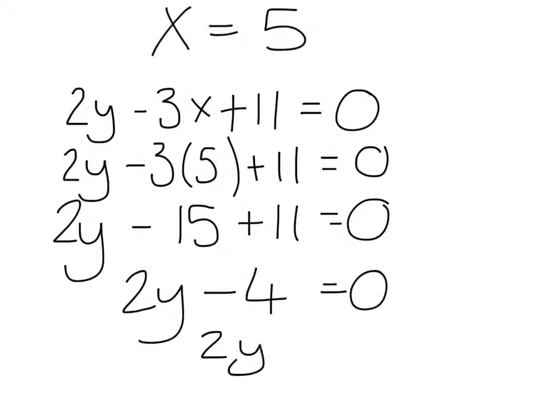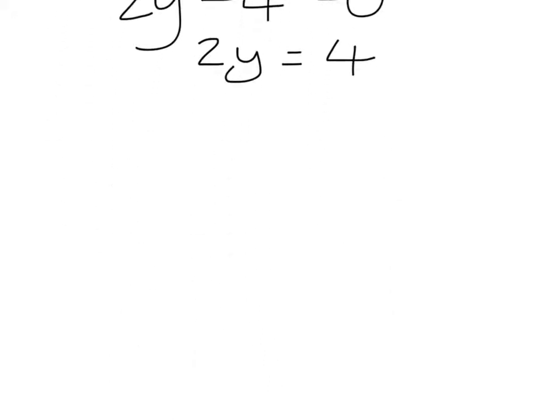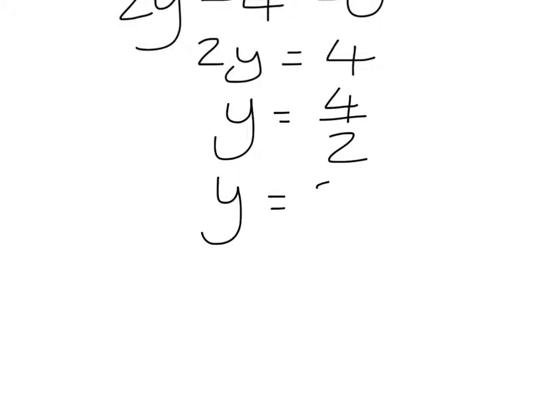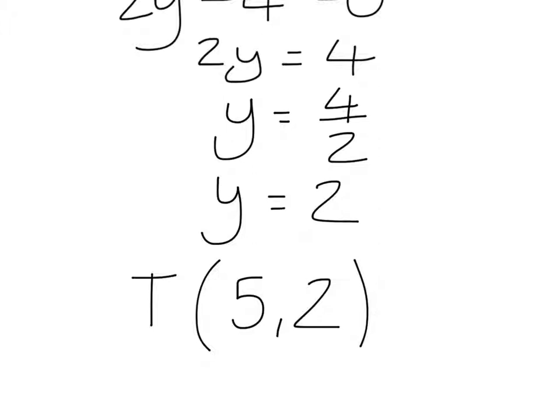So 2y equals 4, which then means y equals 4 divided by 2, which is y equals 2. So we now have a y value to go with the x value, which was 5. That now gives us the point of intersection of the two lines, T, which is the point (5, 2), and the end of the question.